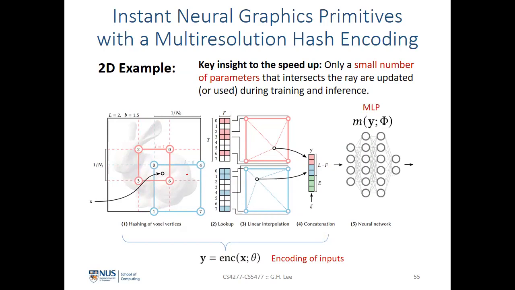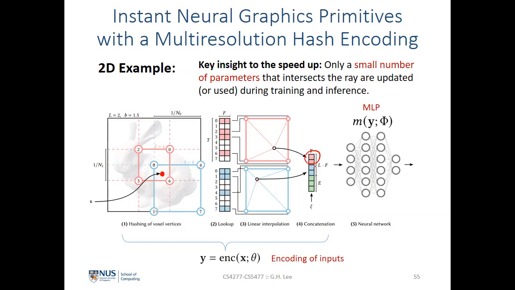Okay, and if X is here, then what you want to do is retrieve at every level the 4 points that enclose X. Then from here you interpolate, you get a feature here, and at the other level you also retrieve the 4 points using a hash table.